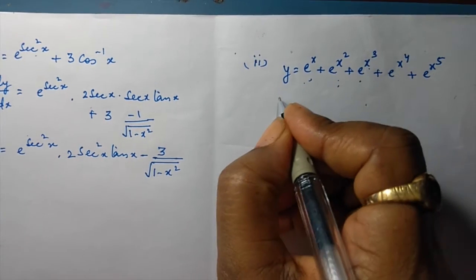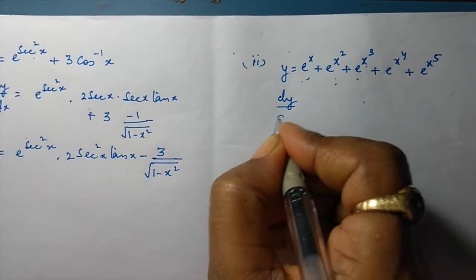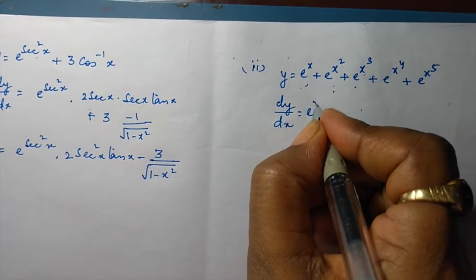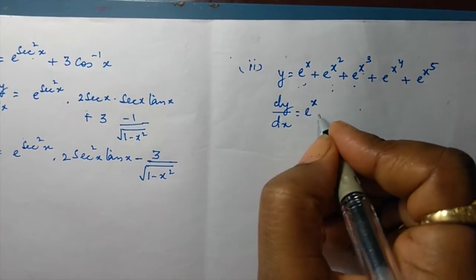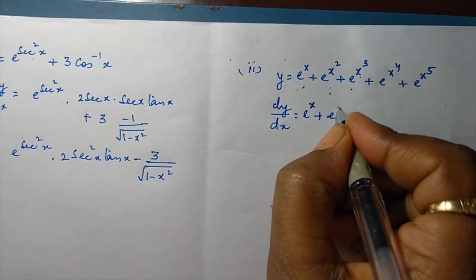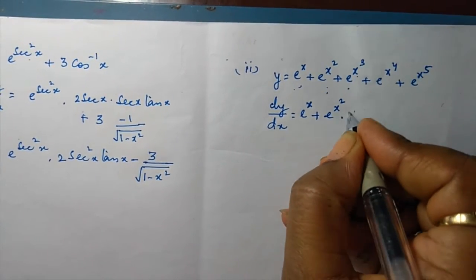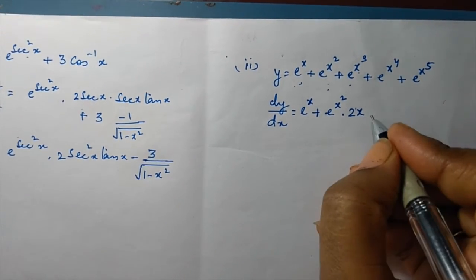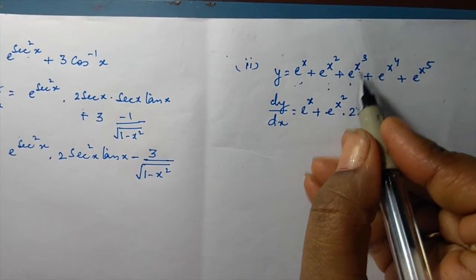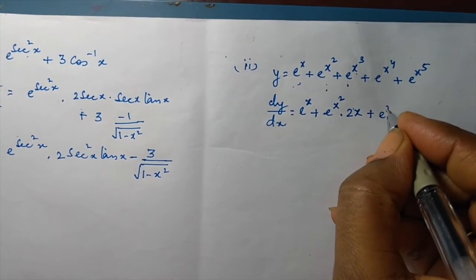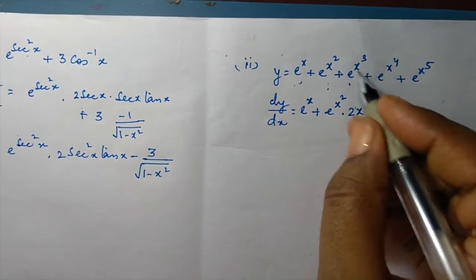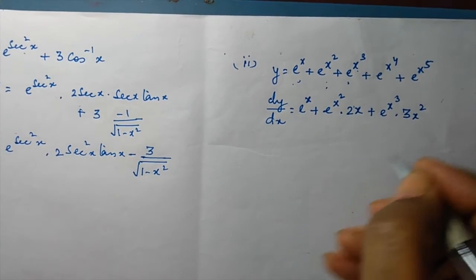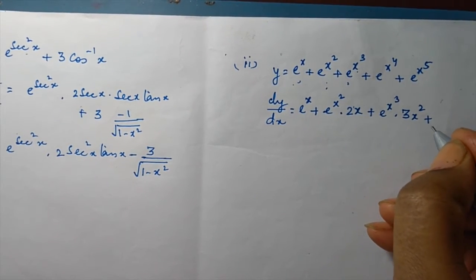Treating it throughout in the same manner, I am going to get dy by dx giving me e to the power of x, this one has e to the power of x. Second one, e to the power of x square times the differentiation of x square as 2x, plus third one, e to the power of x cube, and the differentiation of x cube is going to give me 3x square, plus again the next one.